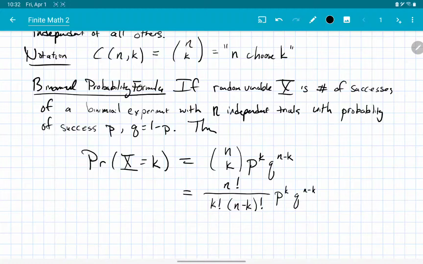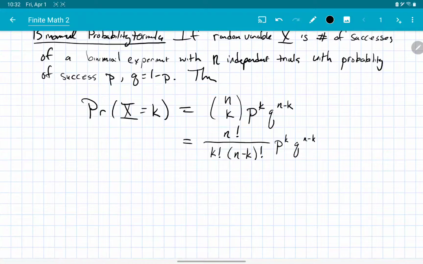We could do that. It would not take that long. But if instead of 5 times we said 500 times, now we're in trouble, right? We can't write down all the possibilities and count them up. And so this formula allows us to do something like that very quickly. So let's do a simple example with this formula.